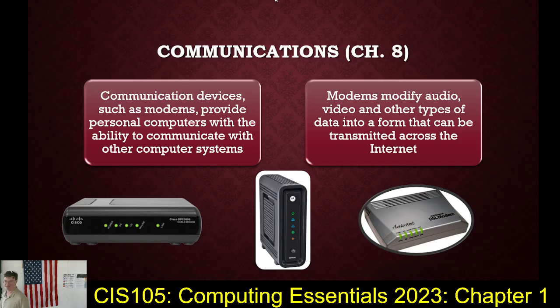We're going to talk about all kinds of stuff in chapter 8 regarding that. But keep in mind, modems modify audio, video, and other types of data into a form that can be transmitted across the internet. So we're going to send something, it has to be transmitted and then received on the other end. Yes, I'm going to talk about the entire communications channel. You're going to love that chapter.